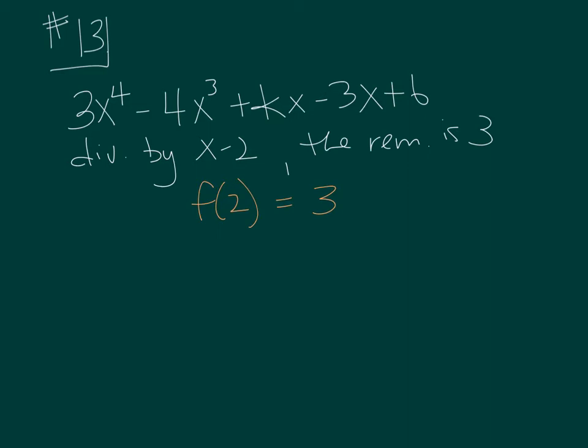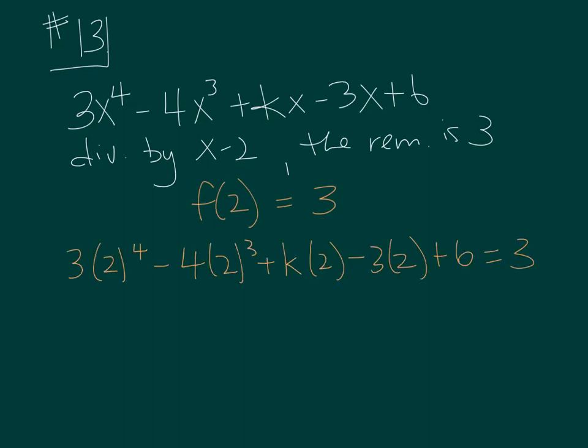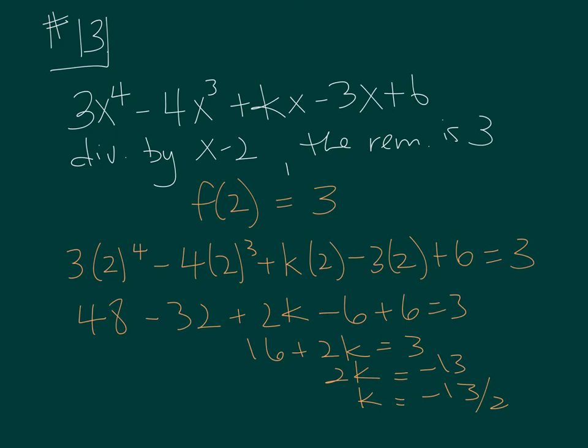So I'm going to substitute the left side now. I'm going to put 2 into all of this on my left side and keep the 3 on the right. So we get something that looks like this with the 2 substituted in. And now I've only left the one variable k, so I'm going to go ahead and solve. So once I substitute it in and get k by itself, I end up with k equals negative 13 over 2.